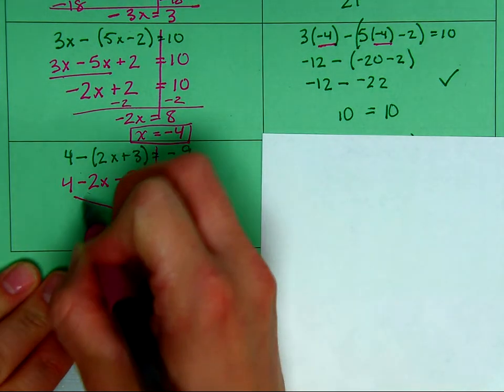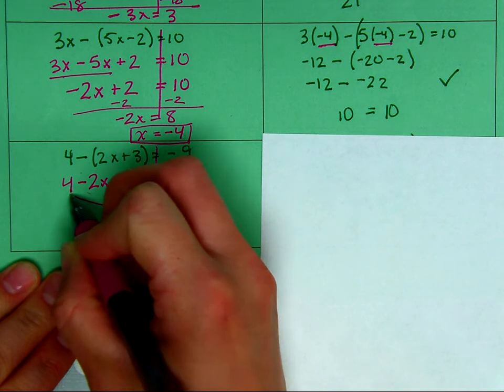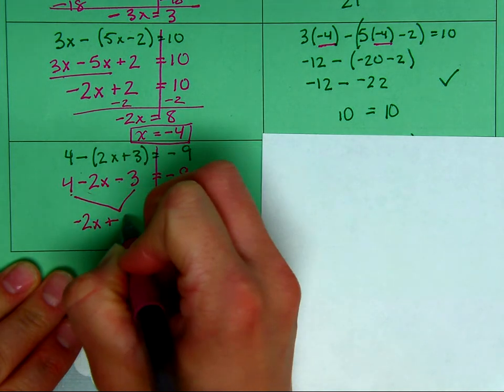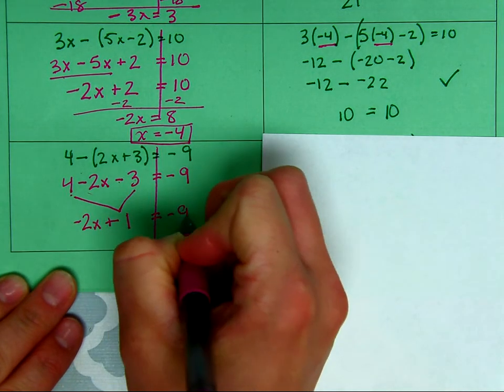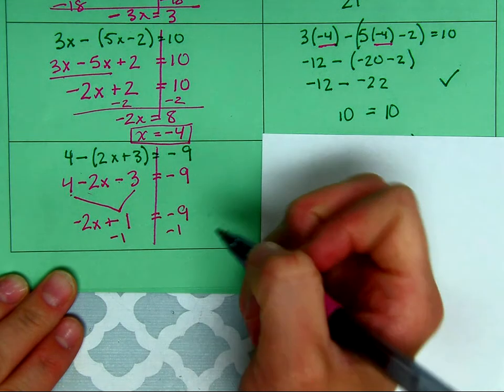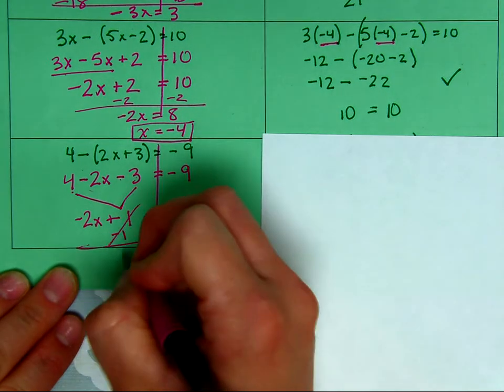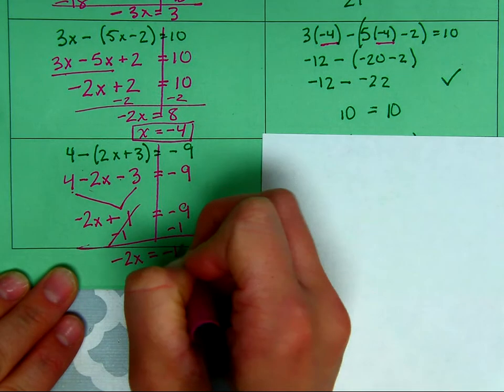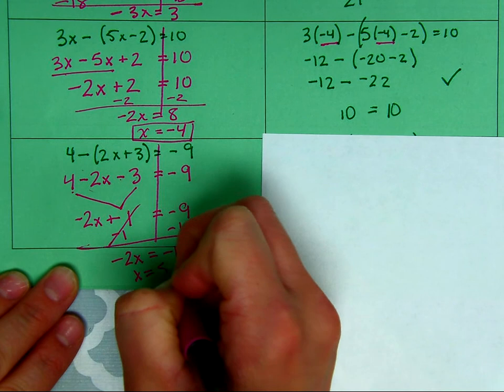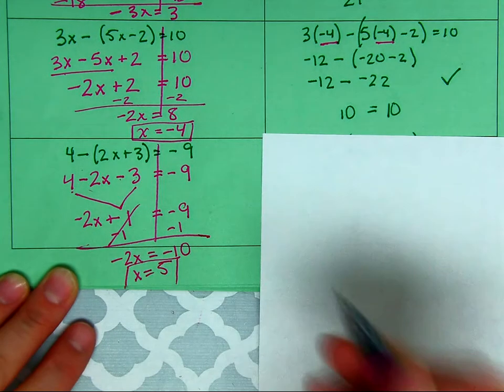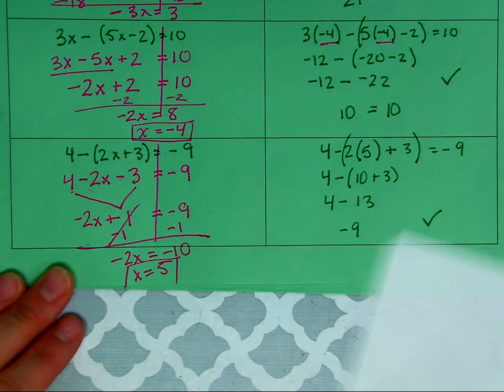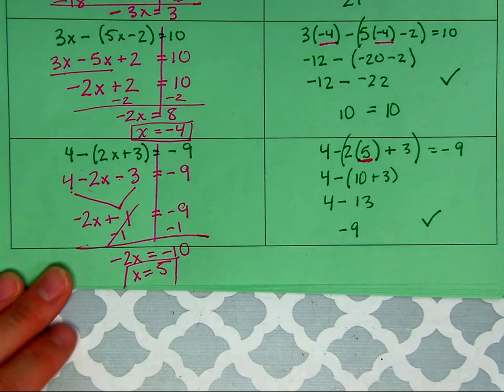So my negative 2x I'm going to bring down. 4 minus 3 is a positive 1. So now I'm just solving my 2-step. Subtract 1 gives me negative 10. Divide is going to give you a positive 5. Okay, so plug that in for x to check.